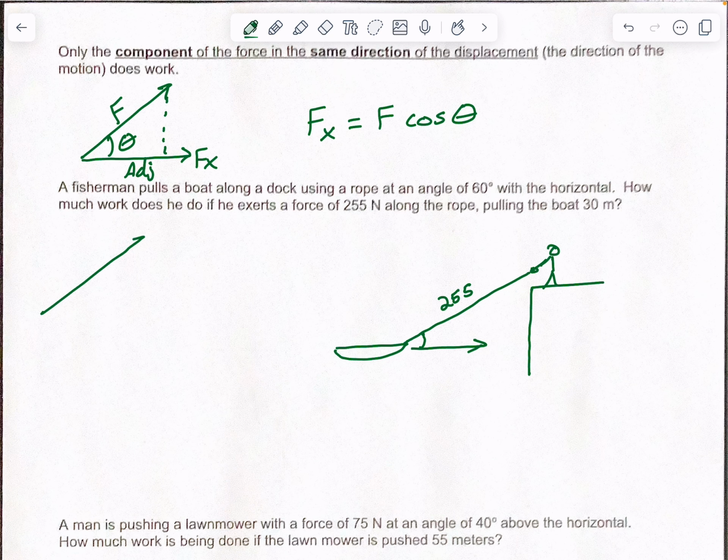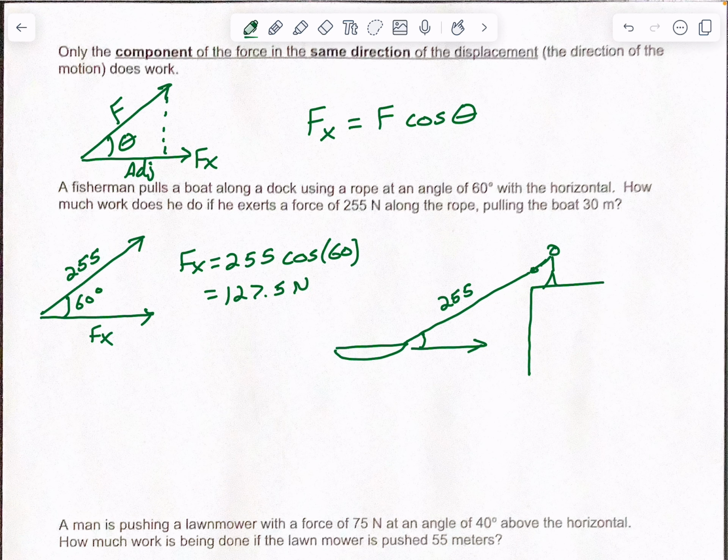So let's zoom in a little bit here. My angle would be 60 degrees, and my hypotenuse is going to be 255. If my boat is moving horizontally, I need to figure out my horizontal component of that force. So Fx equals 255 times cosine of 60, and that gives you 127.5 newtons.